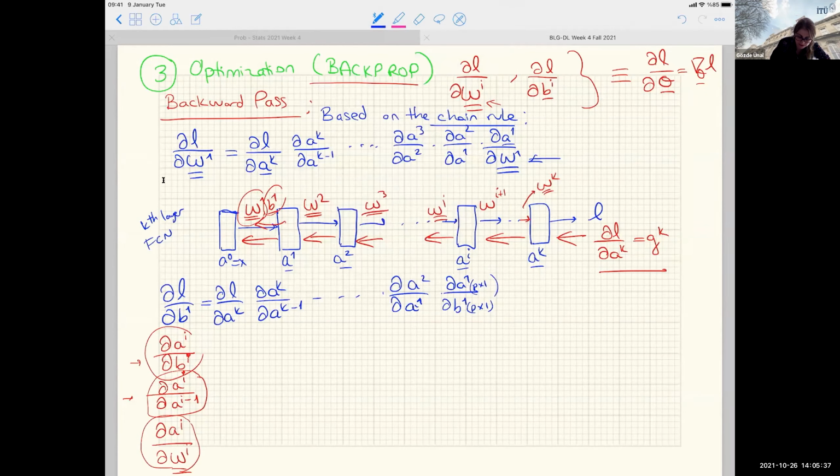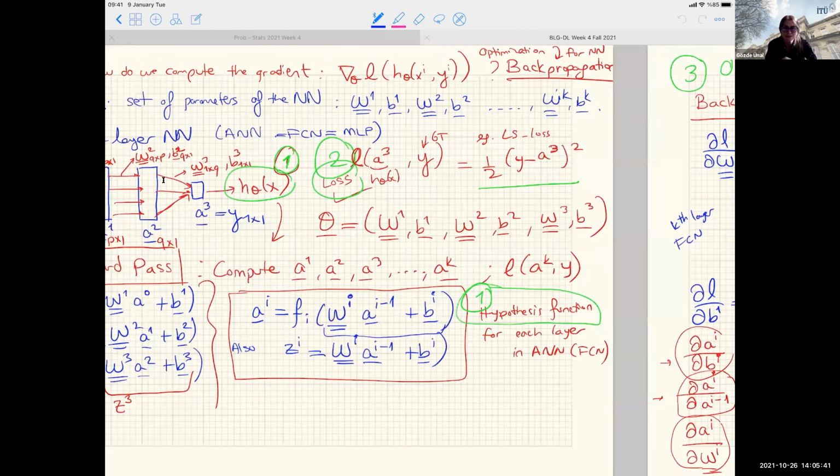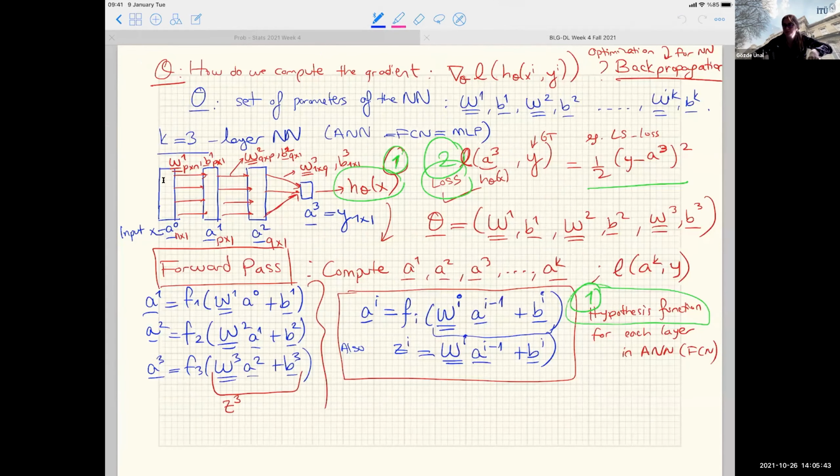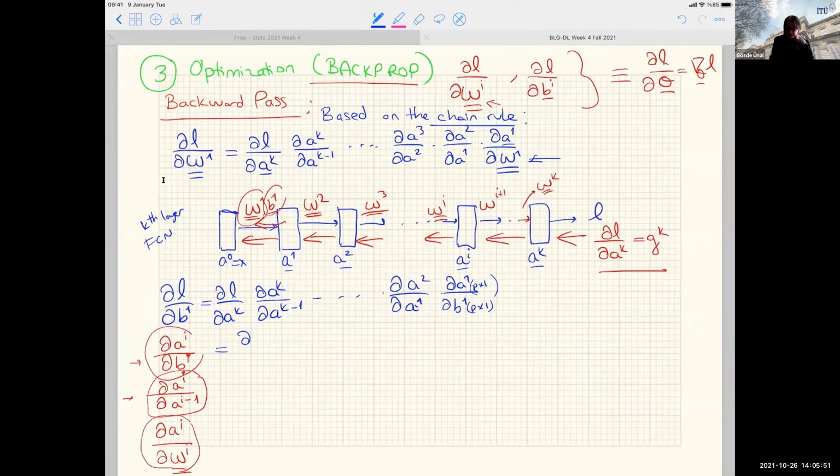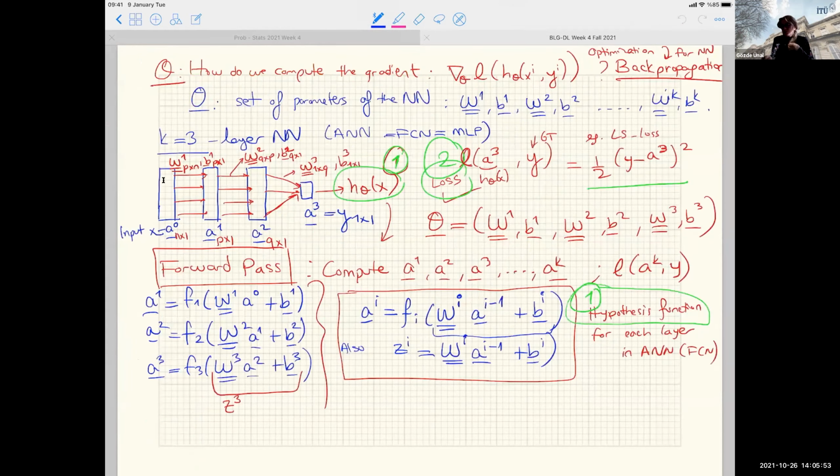For this one, just read it off. Always keep this picture in mind, or the equation in this box here. For instance, I'm after now del Ai by del Bi. Just do the math. I need F prime, by the way, that's a pointwise nonlinearity.